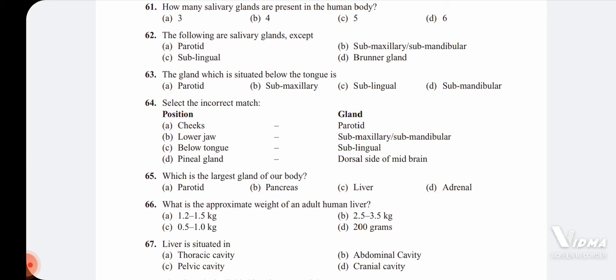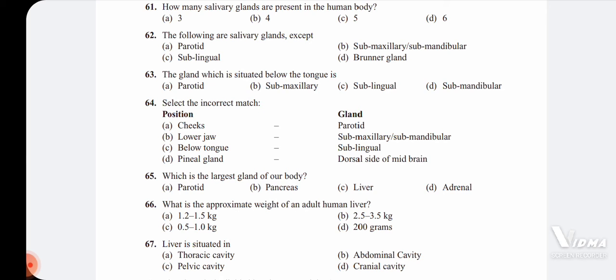Next, 65th, which is the largest gland of our body. The largest gland of our body is the liver. What is the maximum approximate weight of an adult human liver?